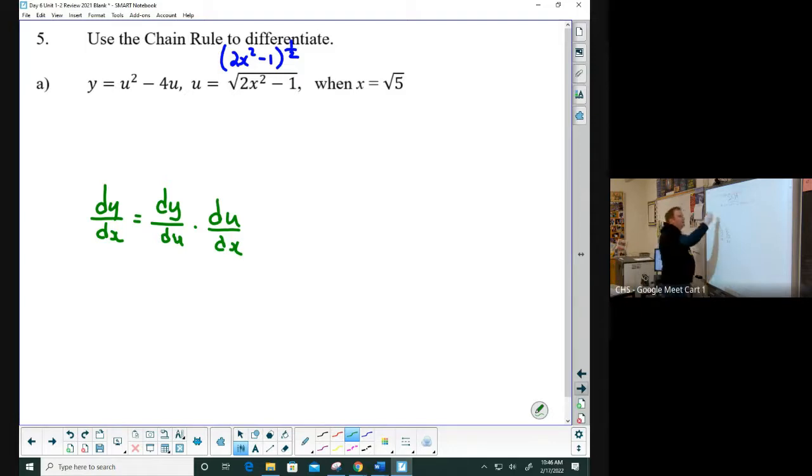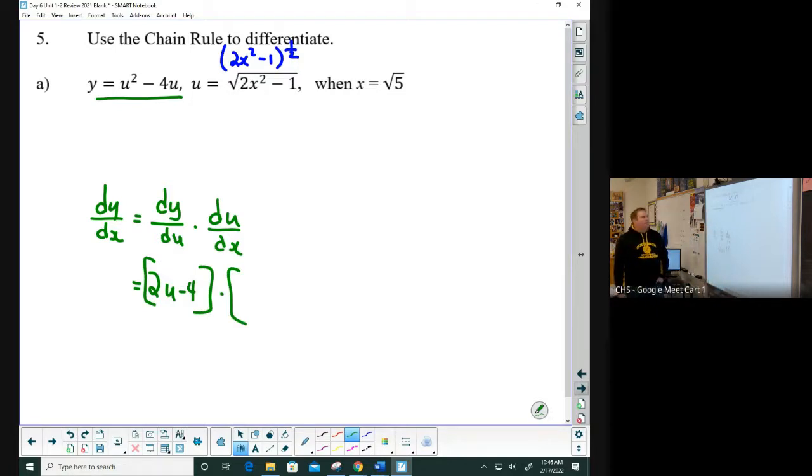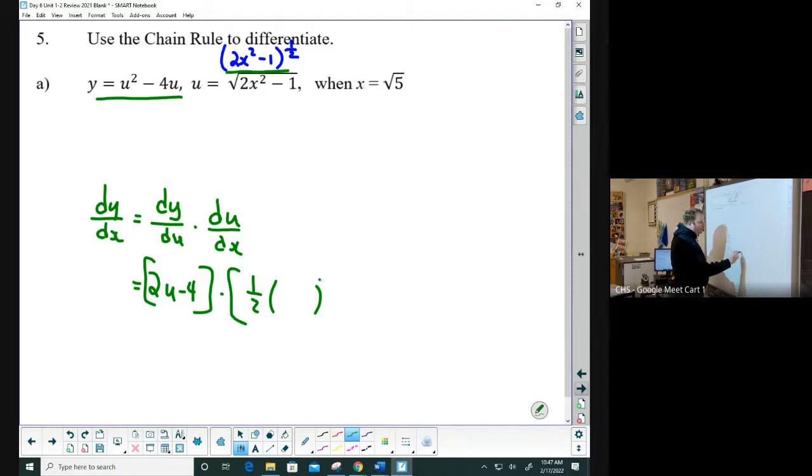Now, dy by du, that's the y function by u. So just plain old differentiate 2u minus 4. Strongly encourage you to take advantage of the square brackets to keep yourself organized. Times now du by dx. And that's this function here, which is something to the power of 1/2. So the 1/2 comes down and the exponent becomes -1/2.